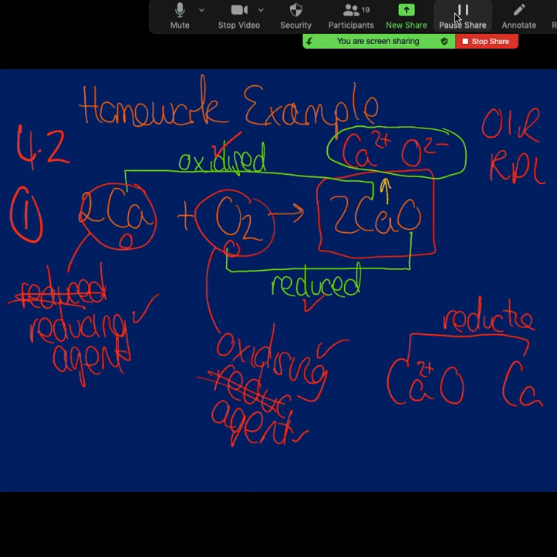It's easier to circle just this part, the calcium, as your oxidizing agent. So it would just be this portion of it that is the oxidizing agent, because it's the calcium that is gaining electrons. But we'll come back to this part again at a later stage.